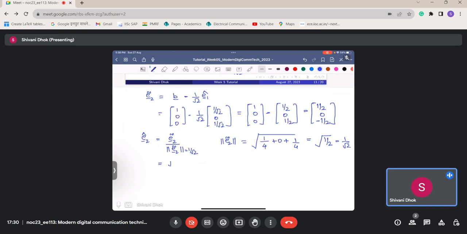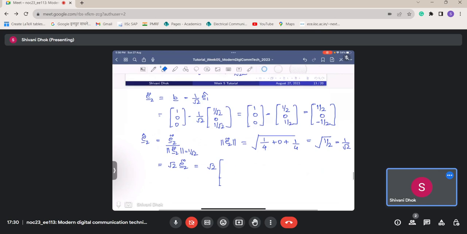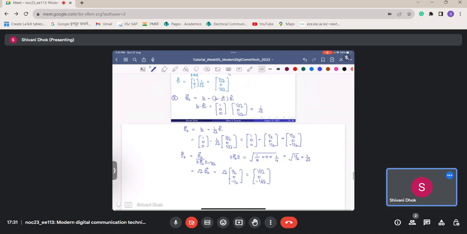So I can write it as root 2 into E2 tilde, which is root 2 multiplied by (1 by 2, 0, minus 1 by 2), and this comes out to be (1 by root 2, 0, minus 1 by root 2).